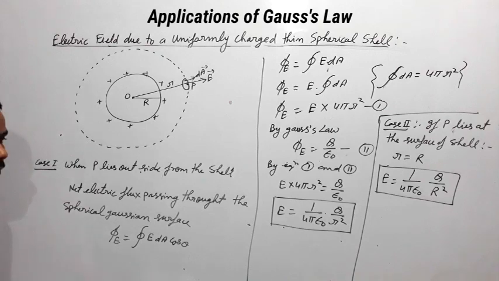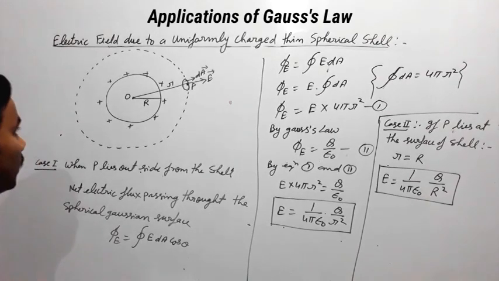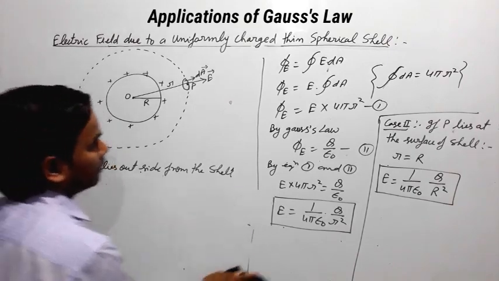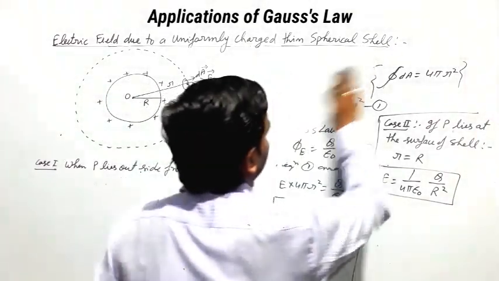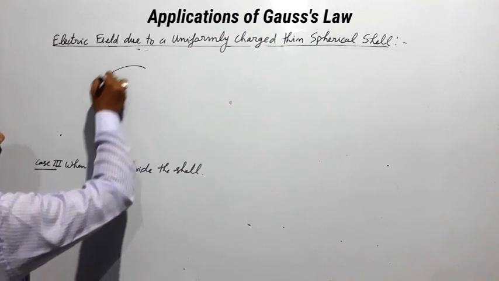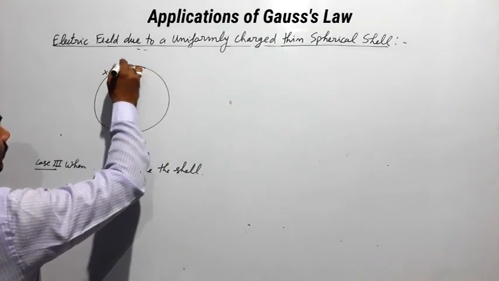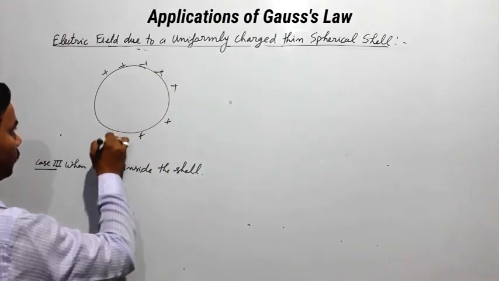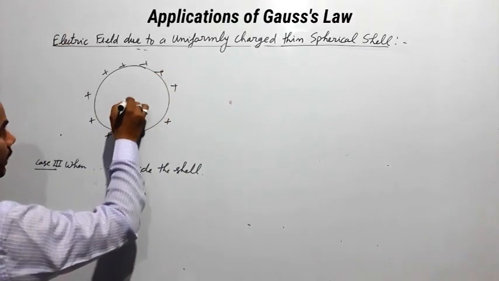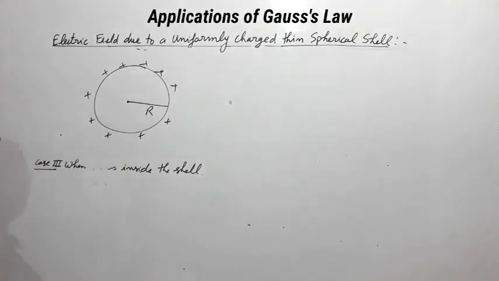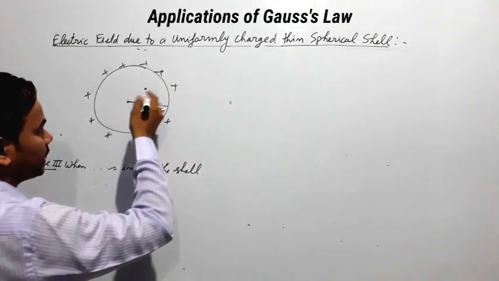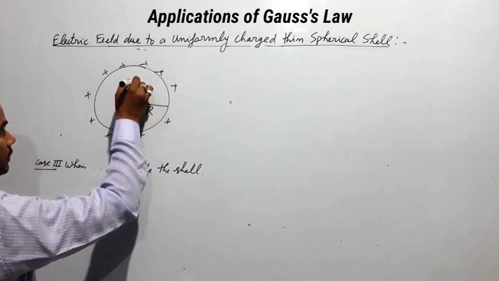Okay. Now if we consider point P lying at its inner side, suppose this is a spherical shell and charge is distributed uniformly over its surface, and the radius of this spherical shell is capital R. Now we consider a point P which is situated inside the surface.